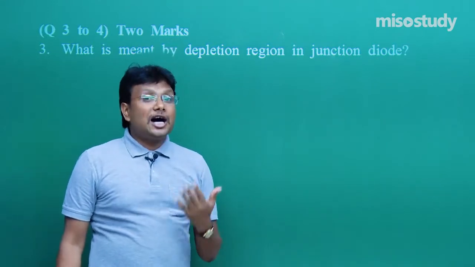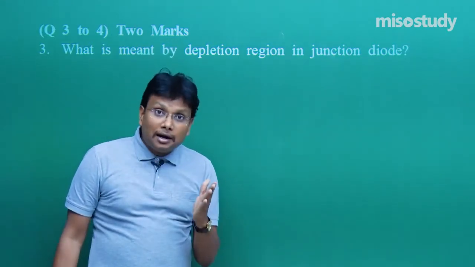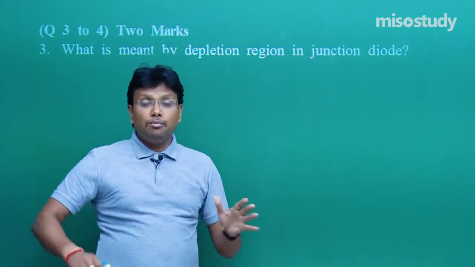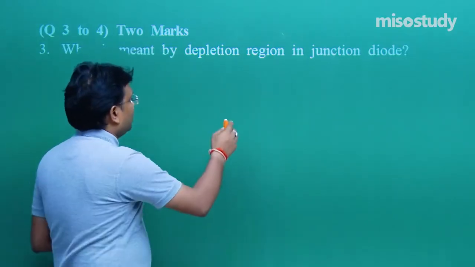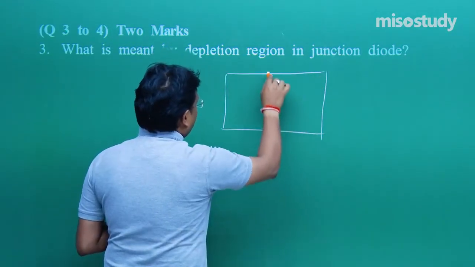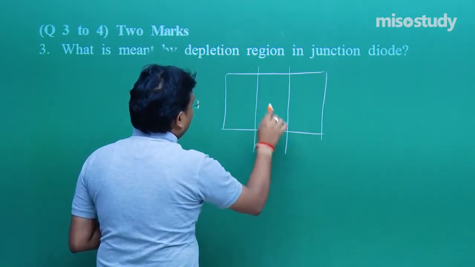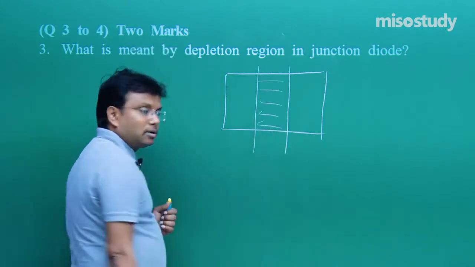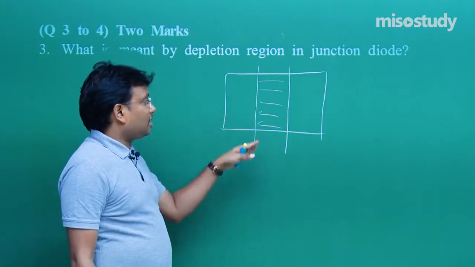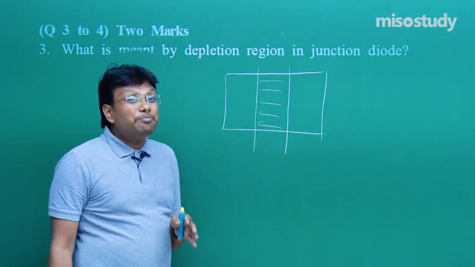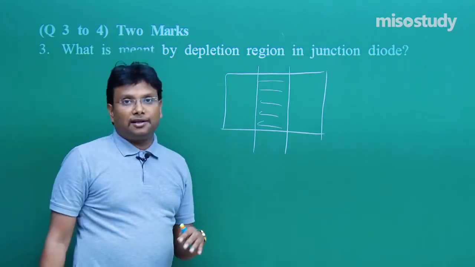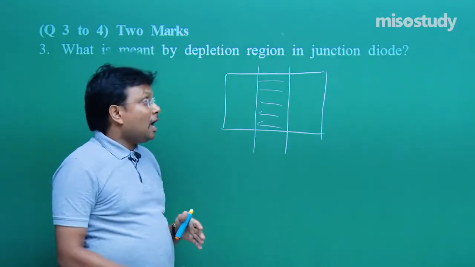Flow of charge carriers will start: electrons from n side, holes from p side will start moving. So, ultimately if you try to recall with the help of this type of diagram, I explained to you that this particular zone where no charge carrier is present is something which is defined as the depletion region. Fine. And beyond this, one side p type, another side n type.